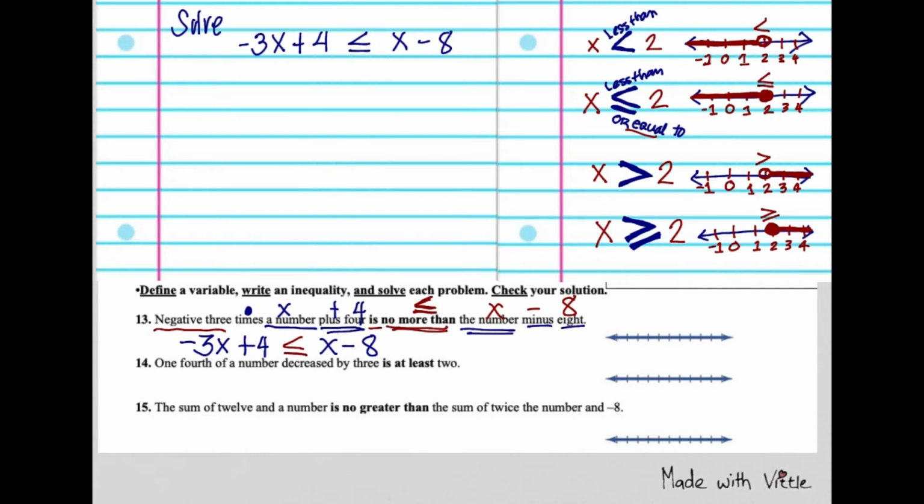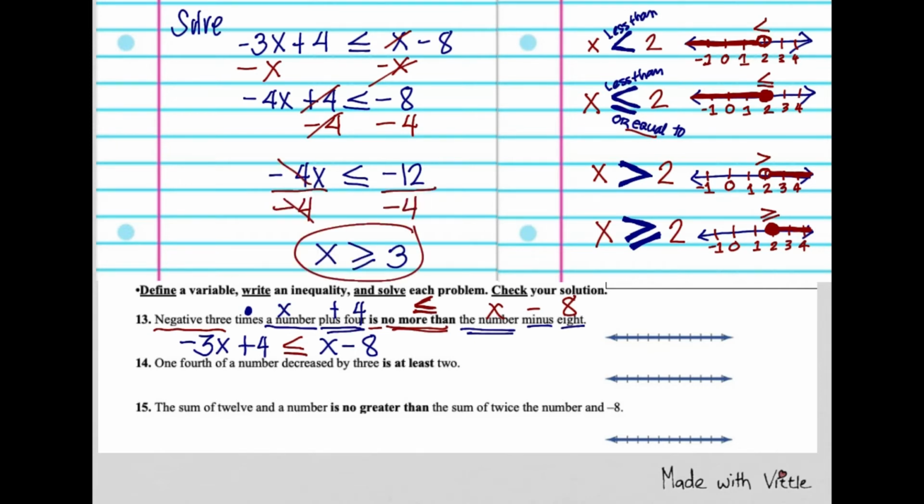Now let's move on with solving the given inequality sentence. Cancel the 1x by subtracting an x. Cancel the positive 4 by subtracting 4 on both sides. Divide by negative 4 on both sides. Now, why did we reverse the inequality symbol from less than or equal to, to greater than or equal to?